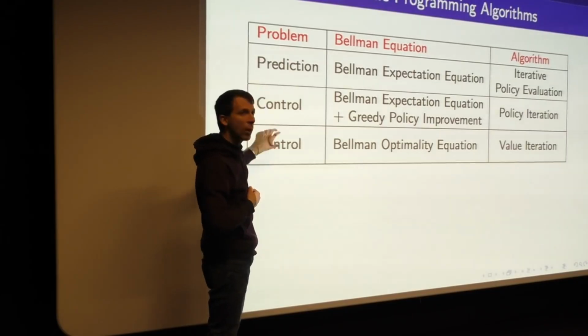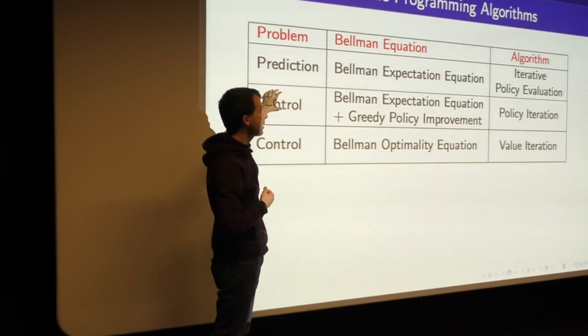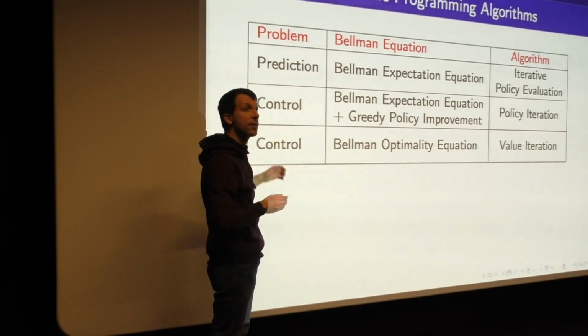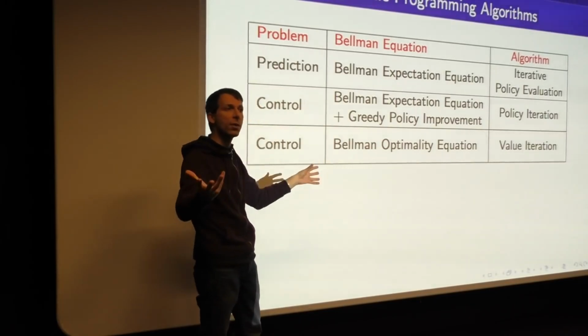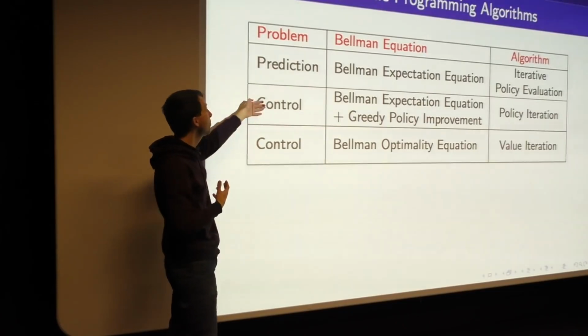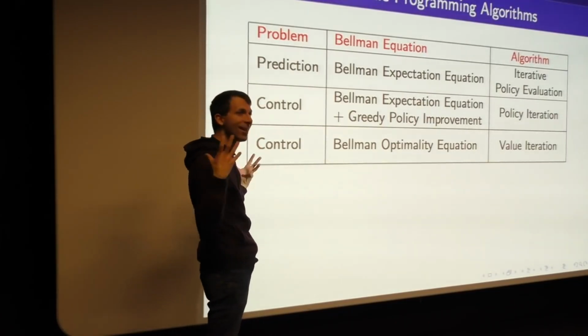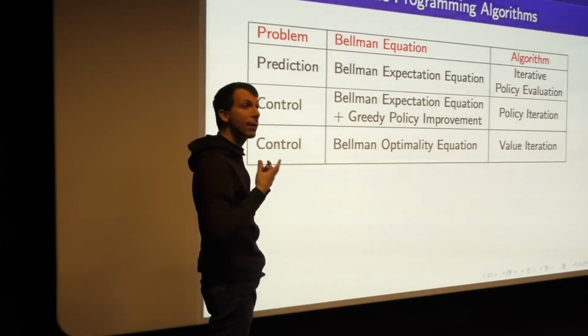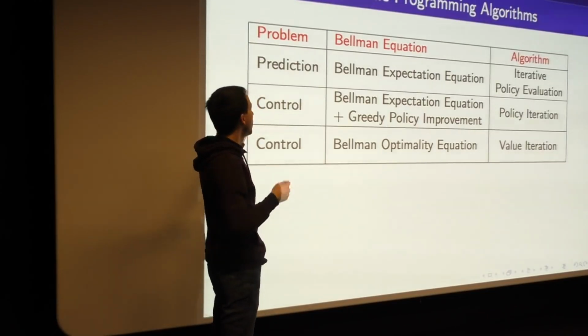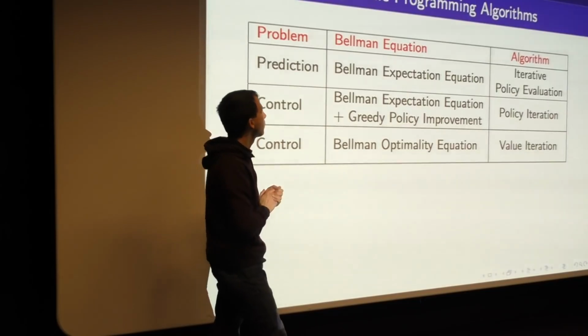Then we consider control. We consider two different ways to do control: first, policy iteration, and secondly, value iteration. These are two different families of algorithms that both address the same problem, which is how to get the most possible juice out of your MDP, how to maximize the total reward, how to find V star rather than V pi, and hence the optimal policy.